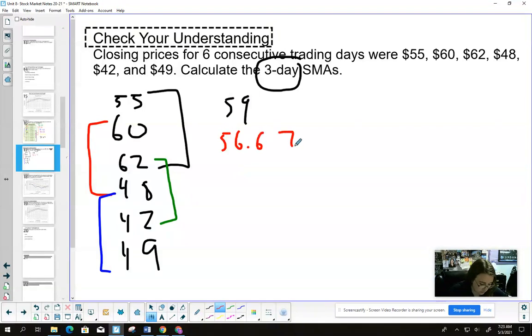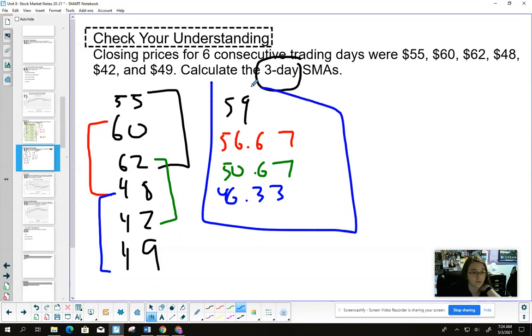I've got 62 plus 48 plus 42 divided by 3. Next average should have been 50.67. And the last average, 48 plus 42 plus 49 divided by 3, should have been 46.33. So all 4 of those numbers are my answers, yeah?